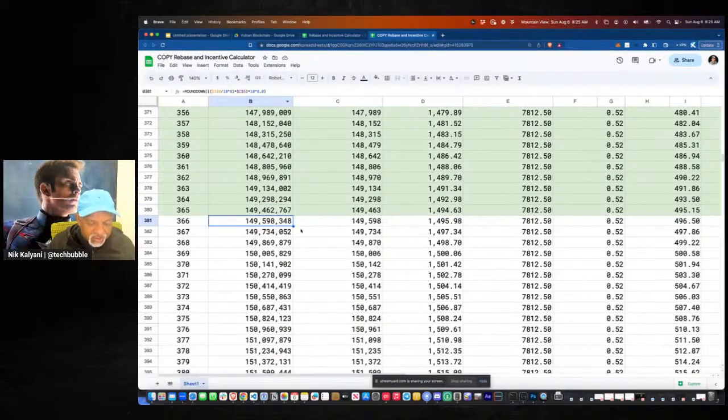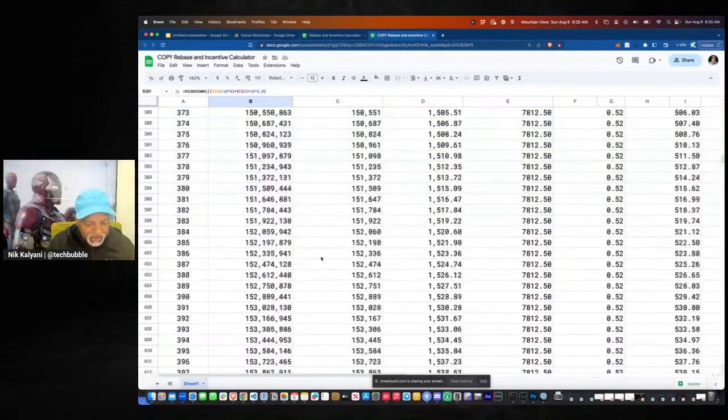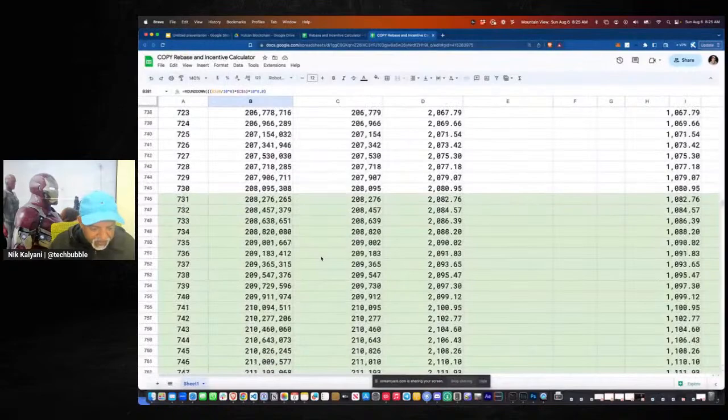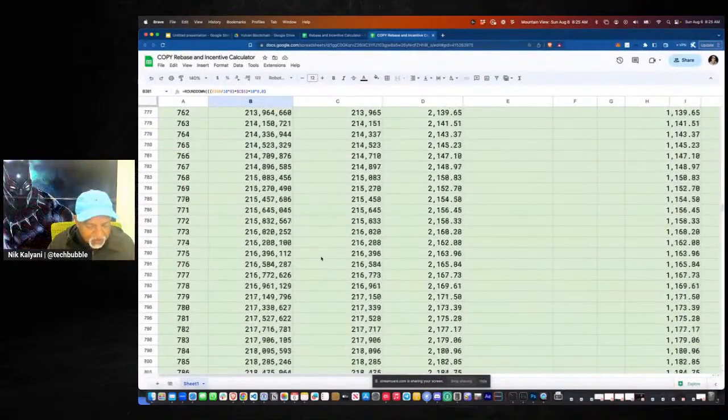So you can see the transition occur here. What's happened is that it's switched to essentially the lower APR number. And if you go through the spreadsheet, you'll see that occurring at approximately every 365. So that's basically how it's modeled out.